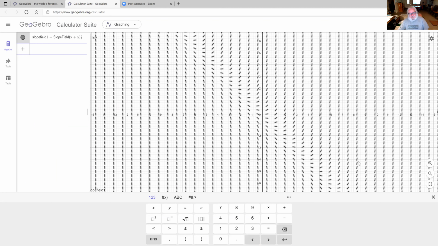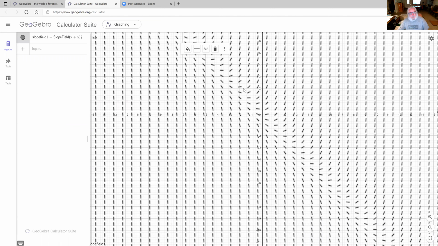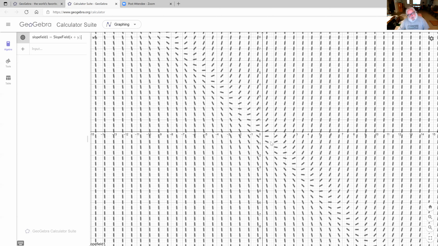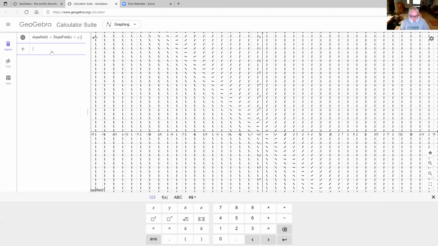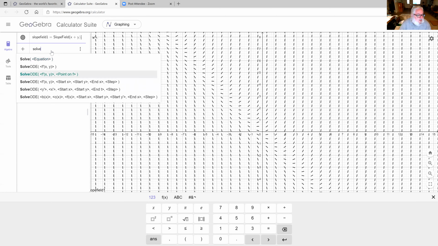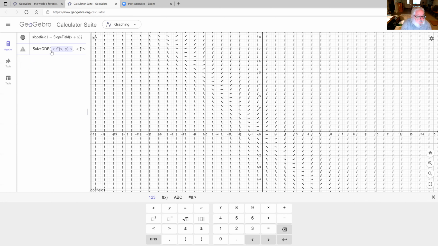You can see sort of the same thing we've got before, right? But if you look right along in here, there's a place where the slopes are all -1. And so we can actually add some solutions to this. So suppose we take Solve ODE, and the right side of our equation is x plus y.